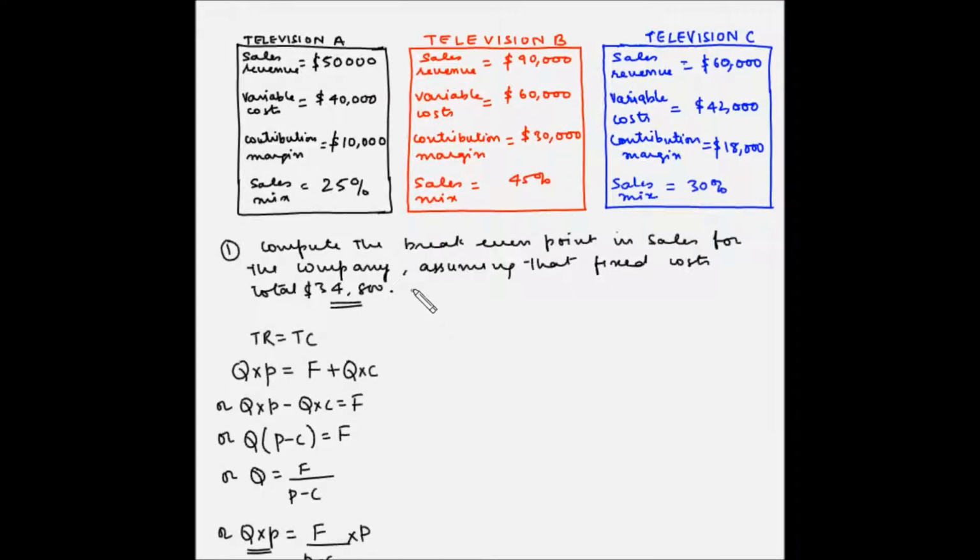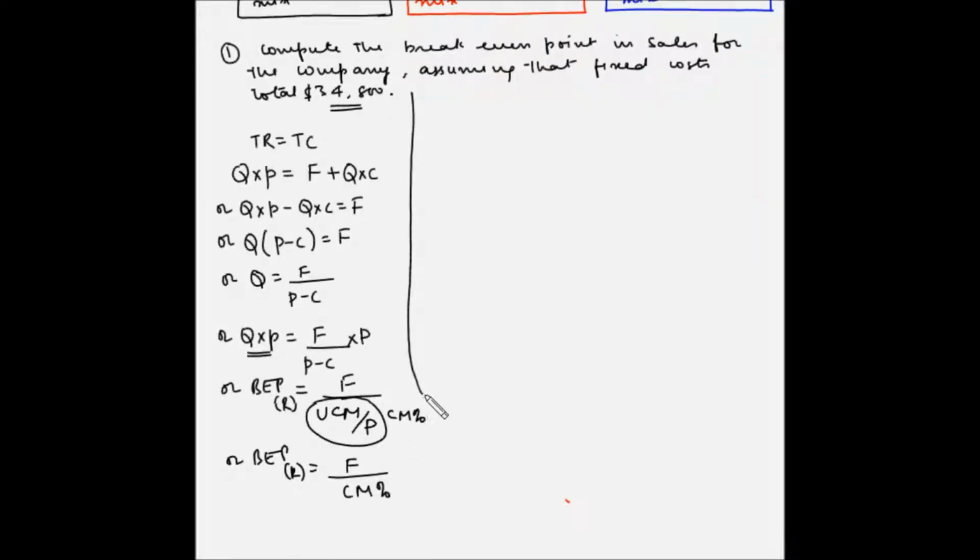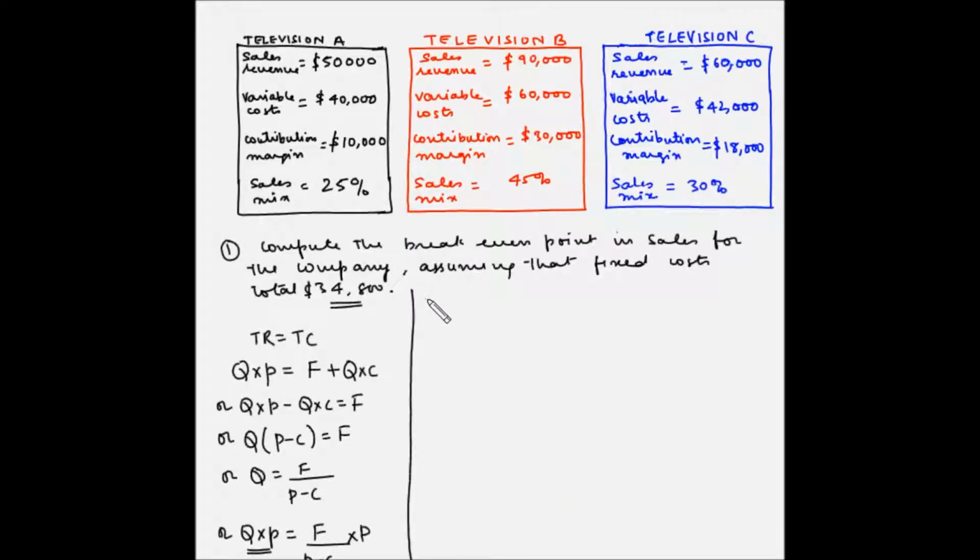So weighted average contribution margin percent will be equal to, basically here we'll add all the contribution margins and then divide them by the total sales revenue.